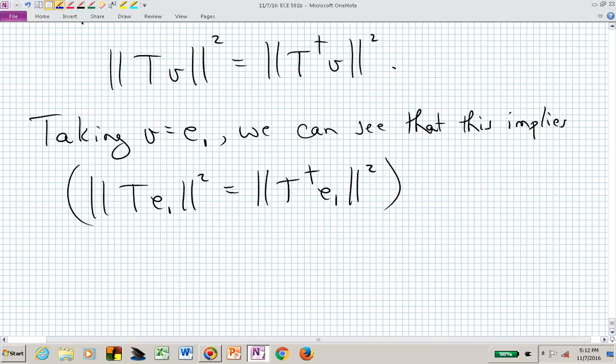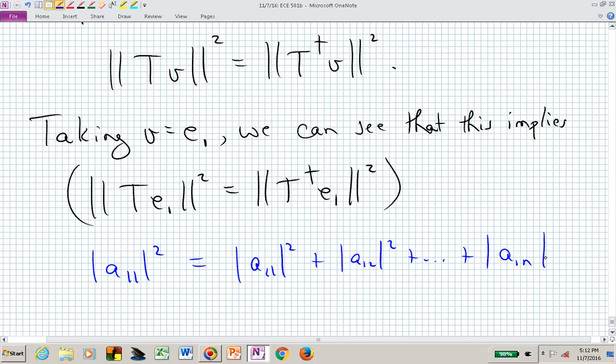Or, TE1's norm squared was the absolute value of A11 squared, but that's supposed to equal the norm squared of T dagger E1, which was A11's absolute value squared plus A12's absolute value squared, up through A1n's absolute value squared.